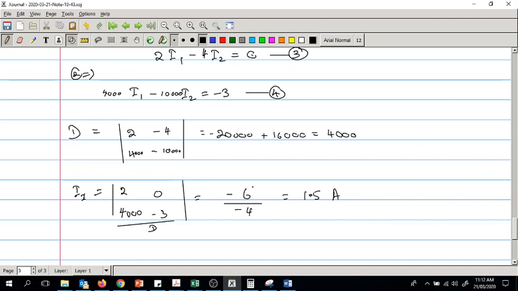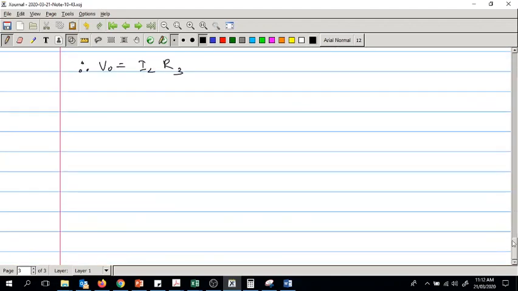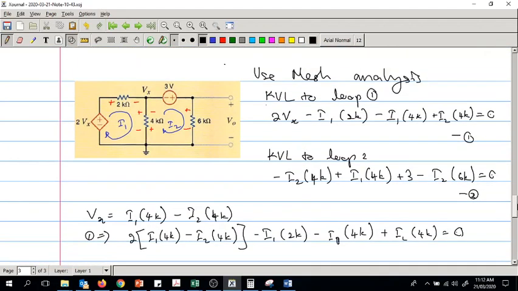In that case this is not there. This divided by 4,000, which is 1.5 milliamperes, right? 1.5 milliamperes. Therefore V out is I2 R3. R3 is the third resistor that we had there, right?